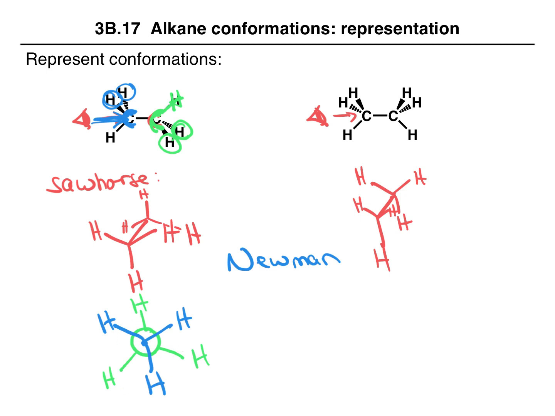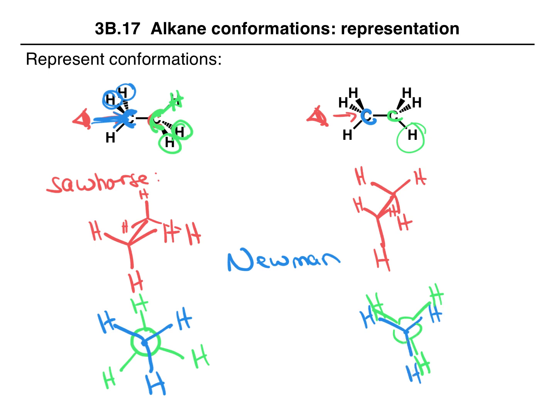If we look at the second conformation, once again, let's keep this one blue. So this is our front carbon. Off of our front carbon, we have a hydrogen down, a hydrogen up and to the right, a hydrogen up and to the left. And then our back carbon is the circle behind. Here this hydrogen is also straight down, and then we have one up and to the right, one up and to the left. So these bonds are aligned right on top of each other.